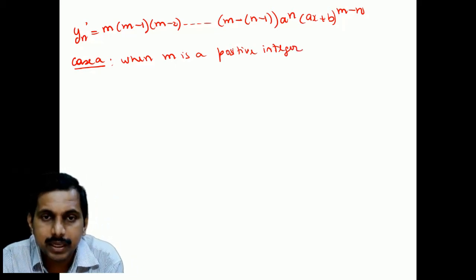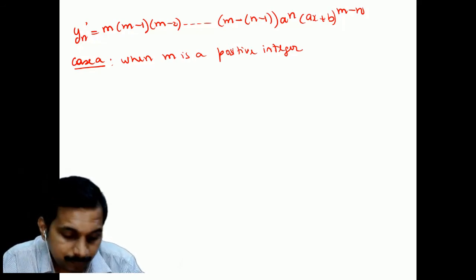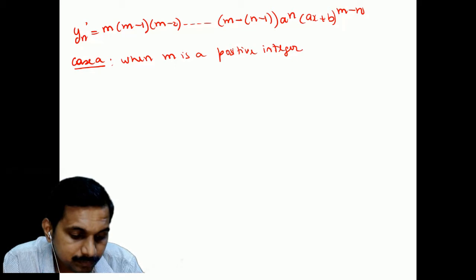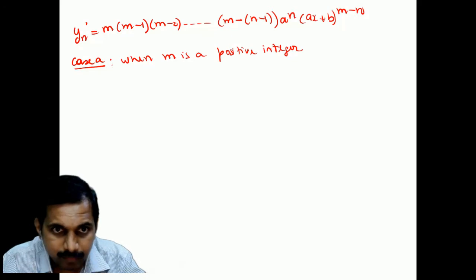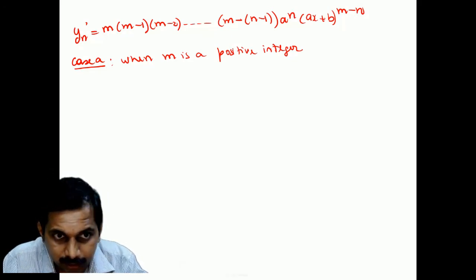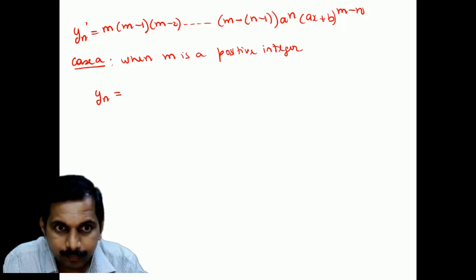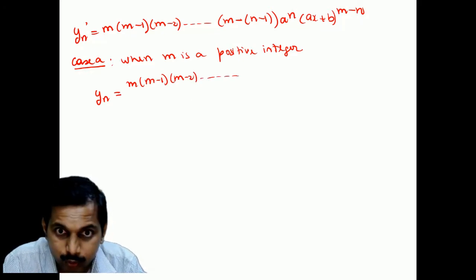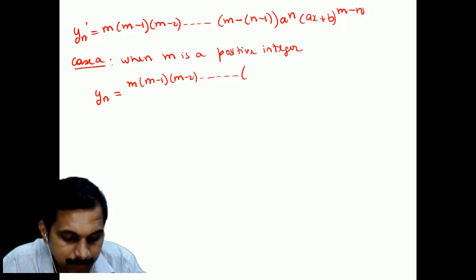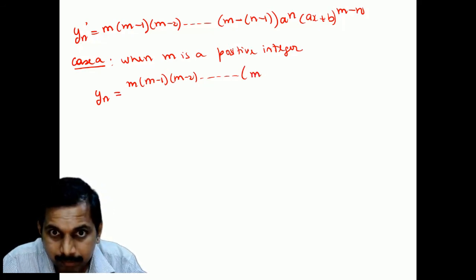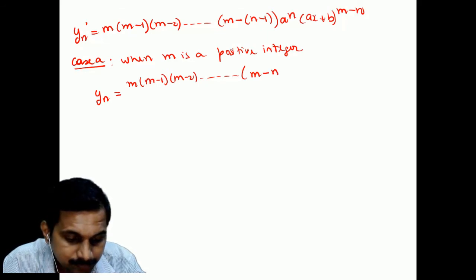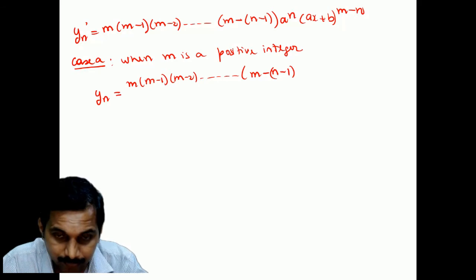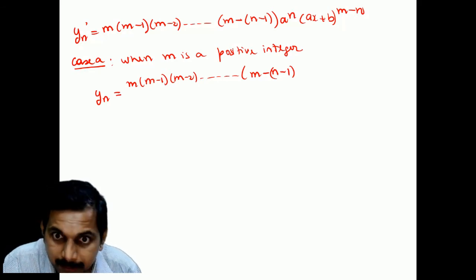If it is a positive integer, then yn would be equal to m into m minus 1 into m minus 2, until, if you have nth derivative, then it will be m minus n minus 1, correct? Okay, this is one side.